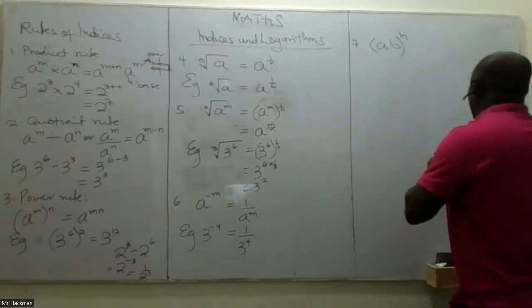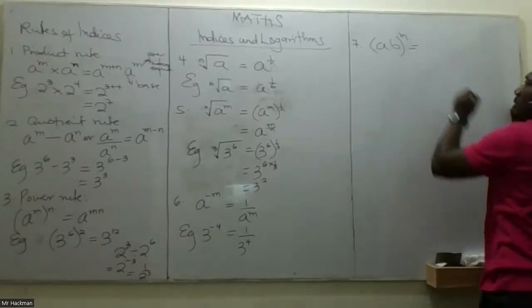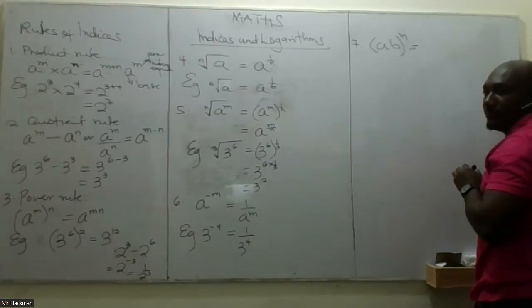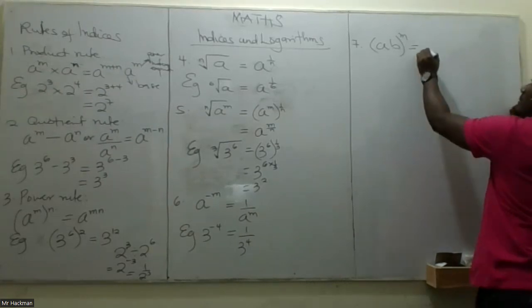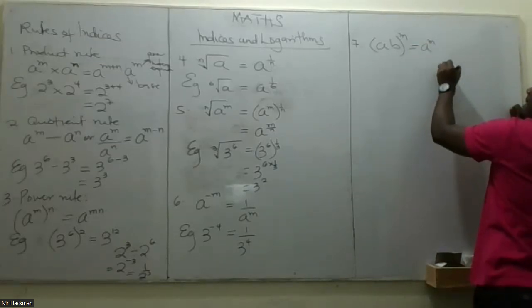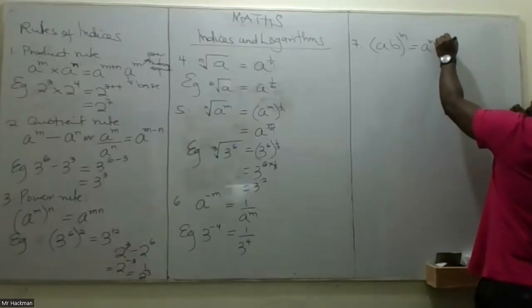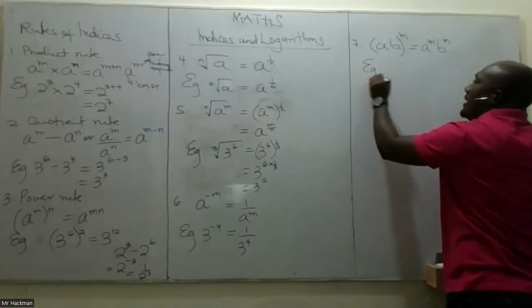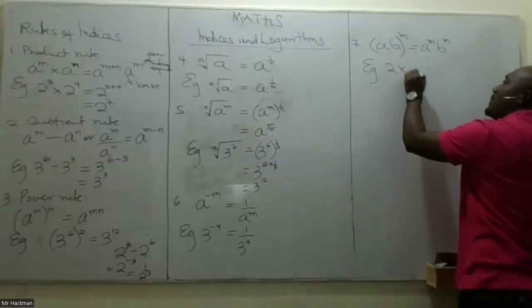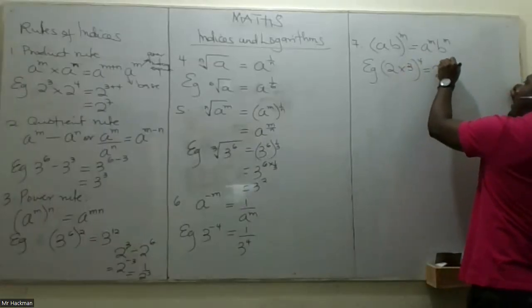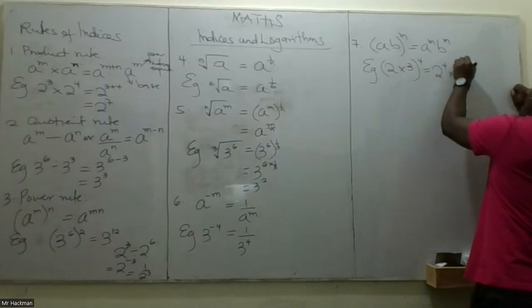Again, this is not something new to you. This will be equal to a raised to the power m times b raised to the power m. As simple as that. For example, if I have 2 times 3, all to the power 4, this will be equal to 2 to the power 4 times 3 to the power 4.